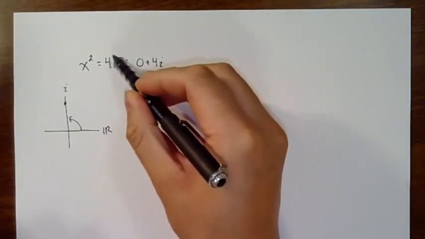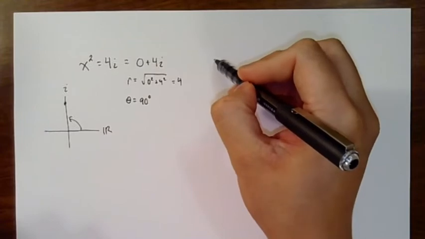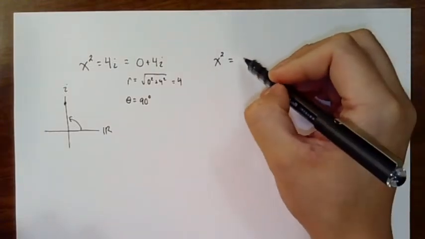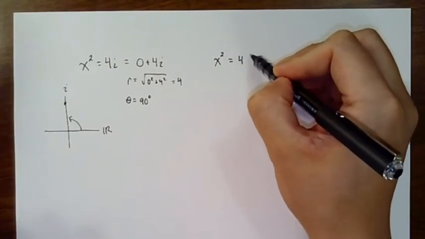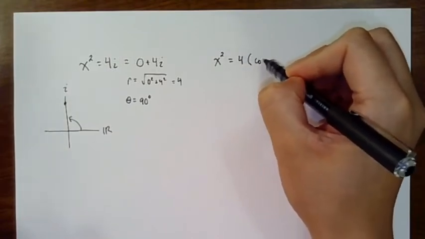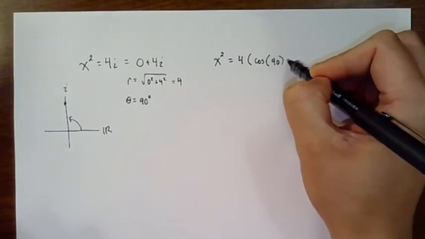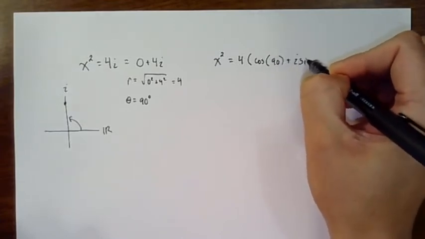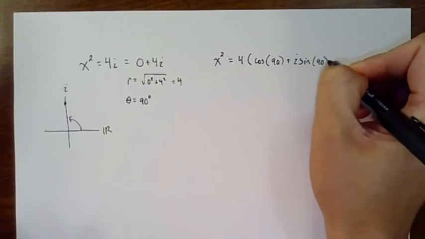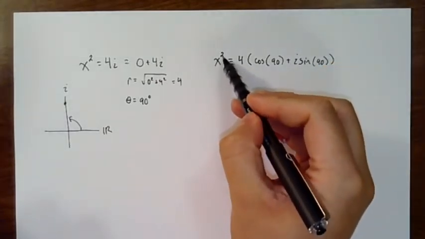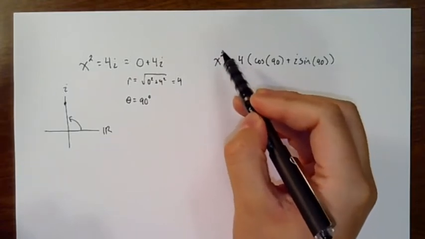So the angle is actually just 90 degrees. Okay, so we have this situation here where x squared, could be z squared, but I'm going to use x squared, is equal to 4 times the cosine of 90 degrees plus i times the sine of 90 degrees. Okay, now we're trying to solve for x. So what we're going to do is raise both sides to the 1/2 power.